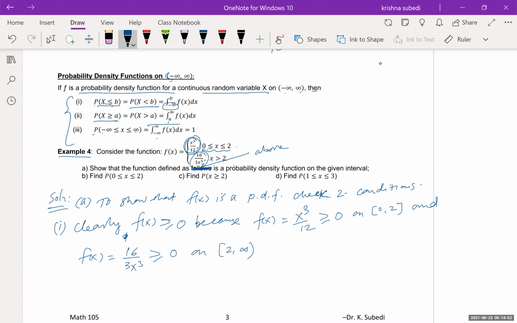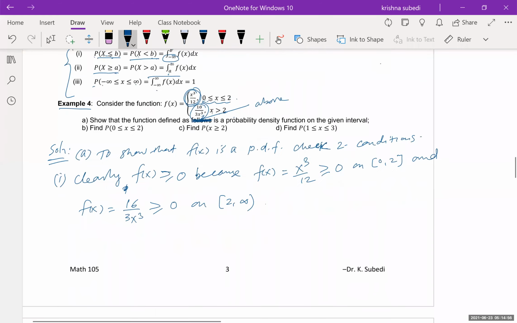Okay, because greater than 2 means 2 to infinity. Therefore, the first condition is satisfied.